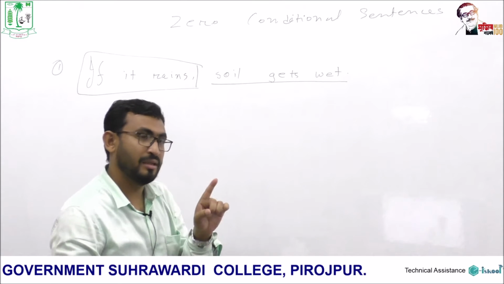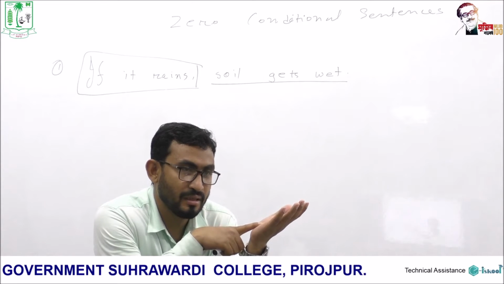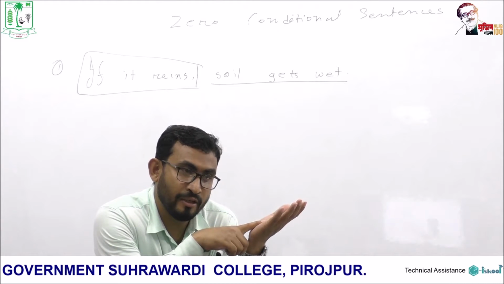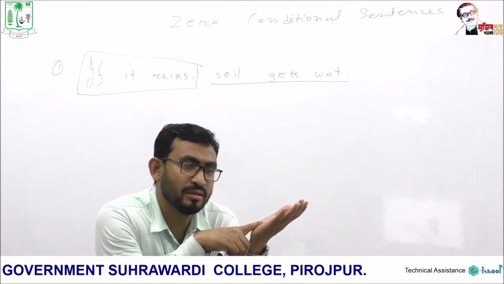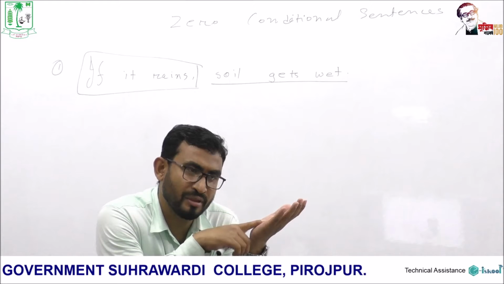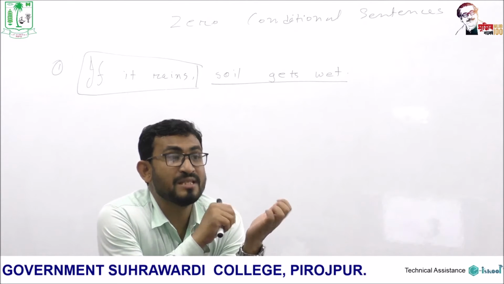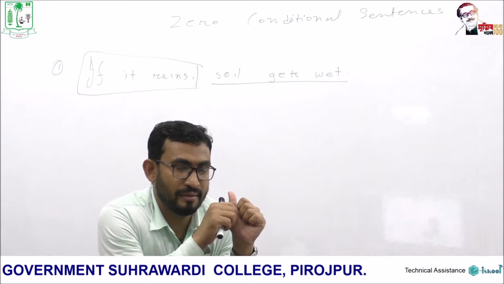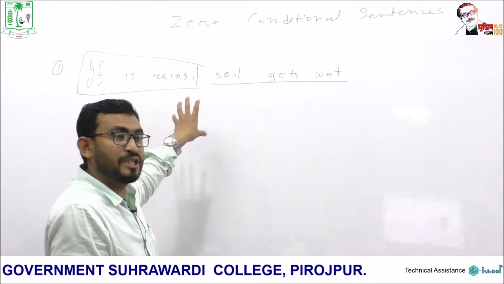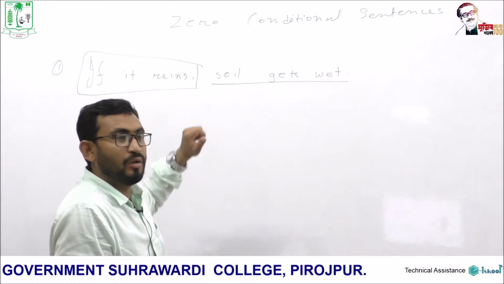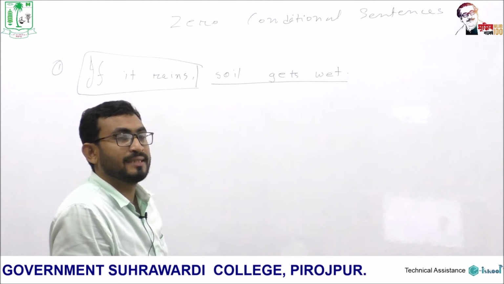Bear in mind, if we write a sentence about a universal truth, a scientific truth, any scientific formula, or any natural principle, natural rule of the world, then we should use present tense, not only in the if clause but also in the subordinate clause.